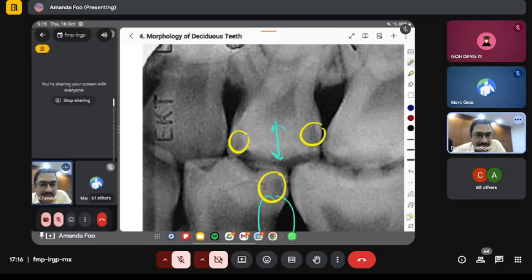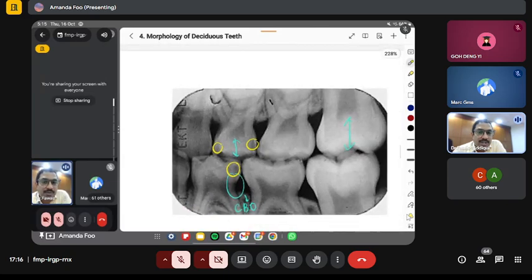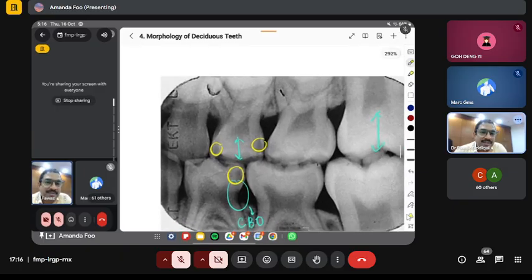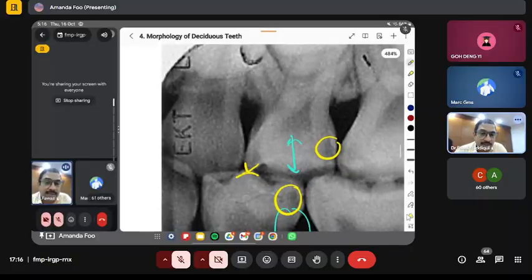Okay. Now another thing that I want all of you to note here is the contact point between the primary molars is more or less flat. But contact between the permanent molar and the primary second molar is more like a point contact. Can you all look at the contact point? Yes, interproximally, Amanda.